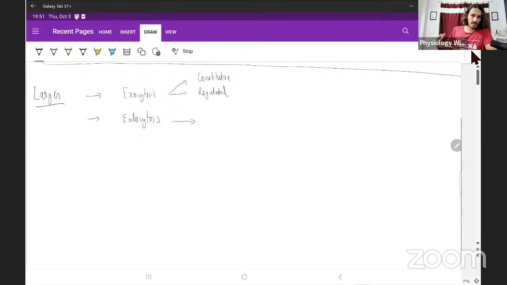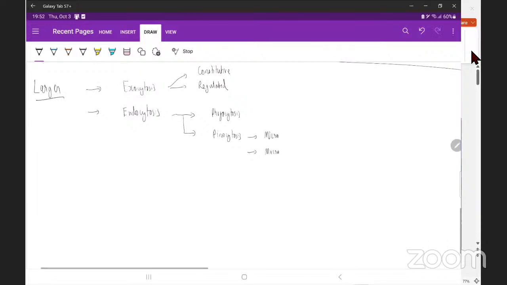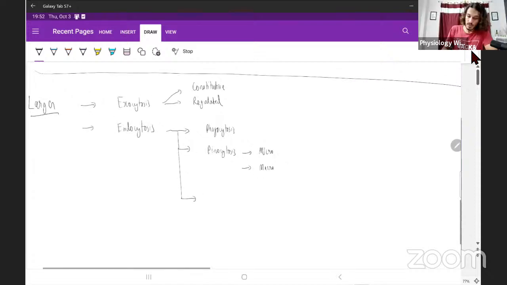It depends on the size of the object actually. You can have phagocytosis. You can have pinocytosis. The pinocytosis can be further divided into micro and macro pinocytosis. Substances which are more than 0.5 micrometer usually undergo phagocytosis.